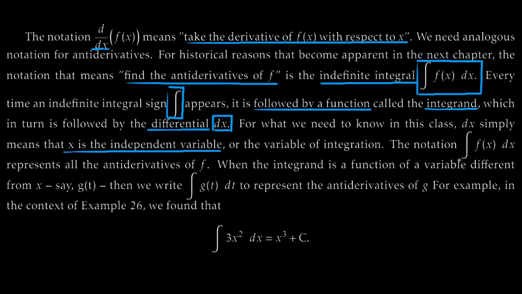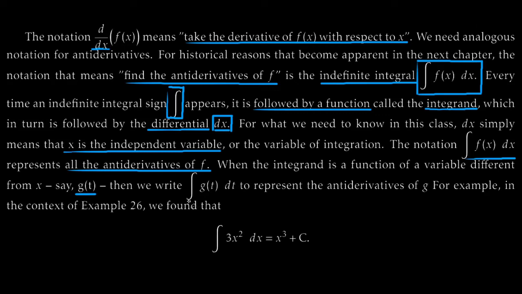So the notation integral sign f of x dx, read as the indefinite integral of f of x dx, represents all of the antiderivatives of f. When the integrand is a function of a variable different from x, say g of t, then we would use dt instead of dx.